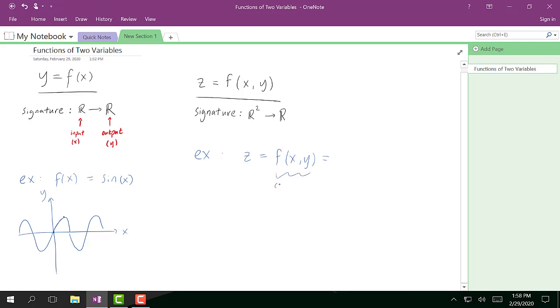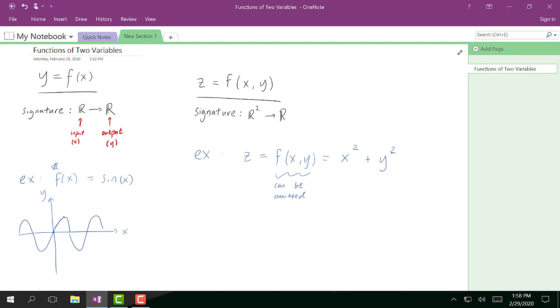This can be left out, just like how on the left-hand side you can write f of x equals sine of x, or y equals sine of x. So here, just to note, this part can be omitted. But let's take as an example x squared plus y squared. And so again, my inputs are x and y. I combine them in some way. In this example, the combination happens to be I square x and I square y, and then when I add them together, that just happens to be z.